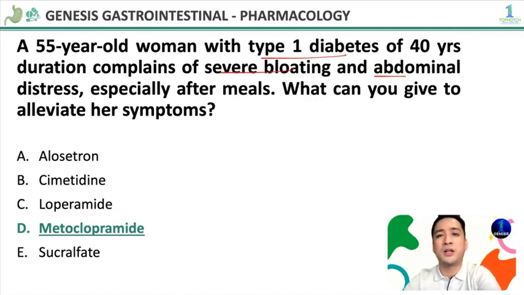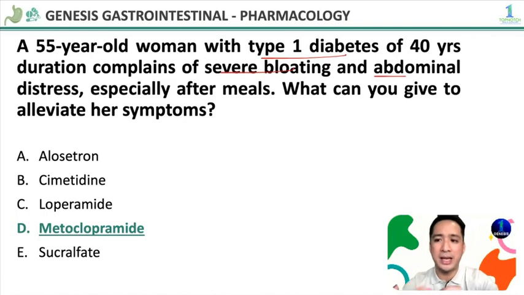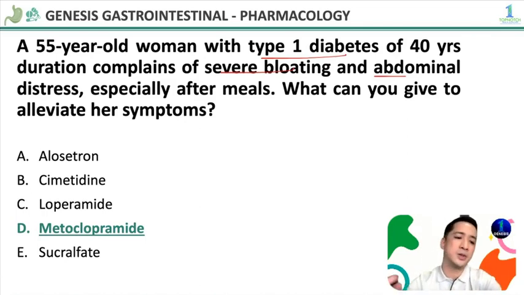Also, do not forget that metoclopramide acts on the D2 receptor, working as an antagonist in the chemoreceptor trigger zone, preventing emesis. Clinically used in patients with cancer chemotherapy, diabetic gastropathy. So remember, the best drug to give is a metoclopramide, a prokinetic agent.